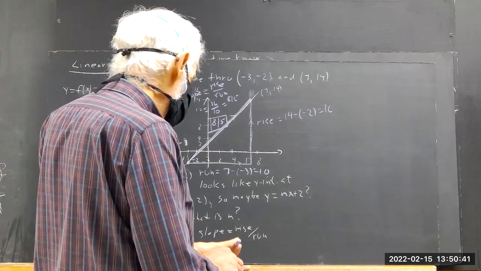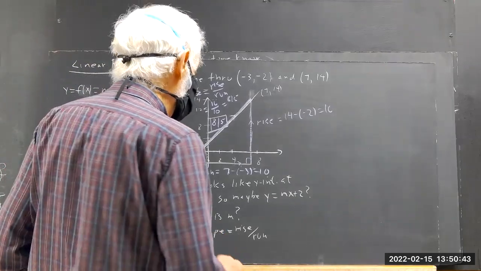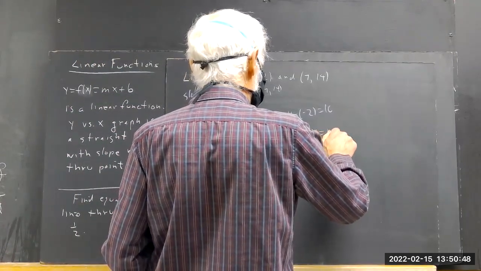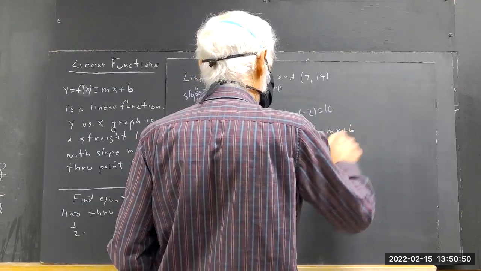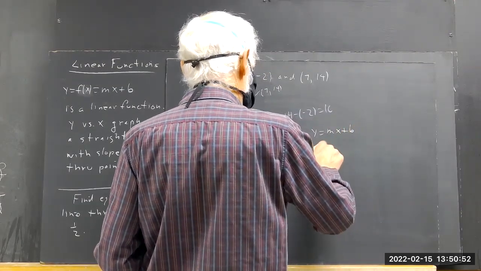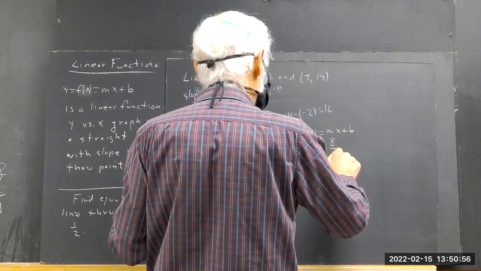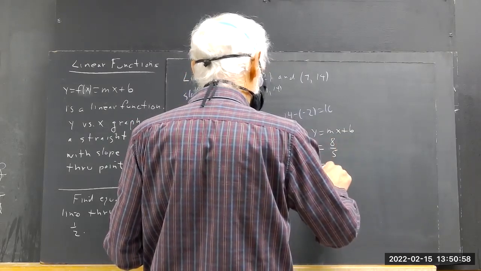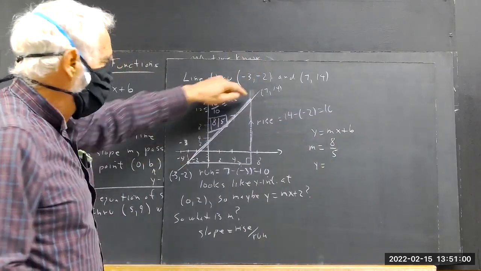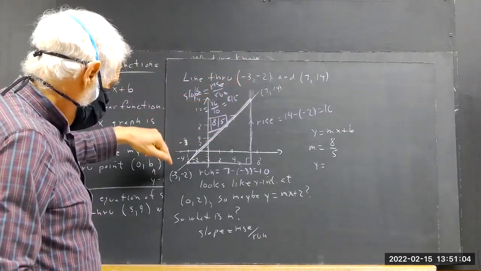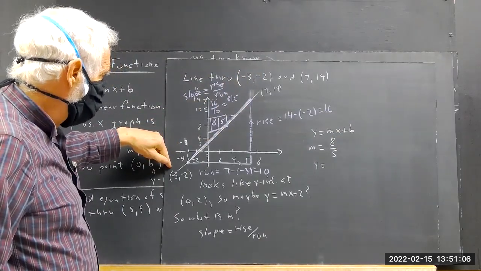Now we know what the equation is. Well, we don't really, we know that y equals mx plus b, m equals 8/5, and y equals, we can pick the coordinates at either point. It doesn't matter, we get the same result. So these numbers are smaller, but they're negative.